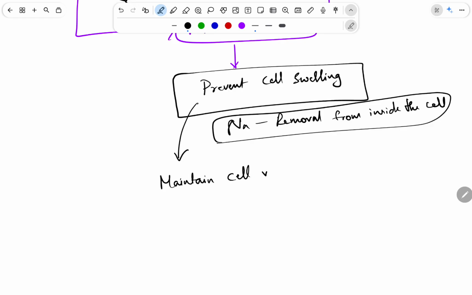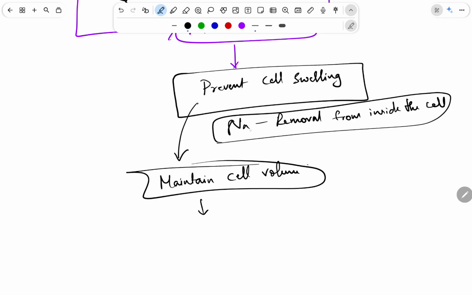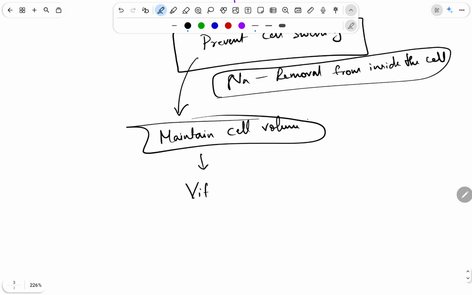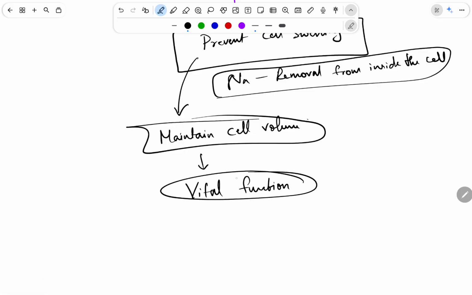cell volume. So why is this required? It is required for the vital functions of the cell. Everything is perfect here till now.